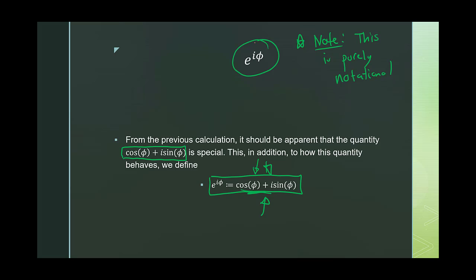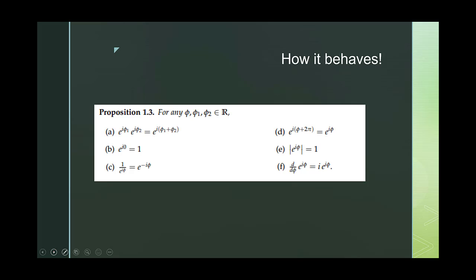Okay, but in any case, we are using exponential notation, but it's not an exponential function or anything like that. We'll get to that later. However, the reason we are using e, this exponential notation, is that it does have similar properties to the exponential functions we had back in pre-calculus and calculus. So let's go over that a little bit.